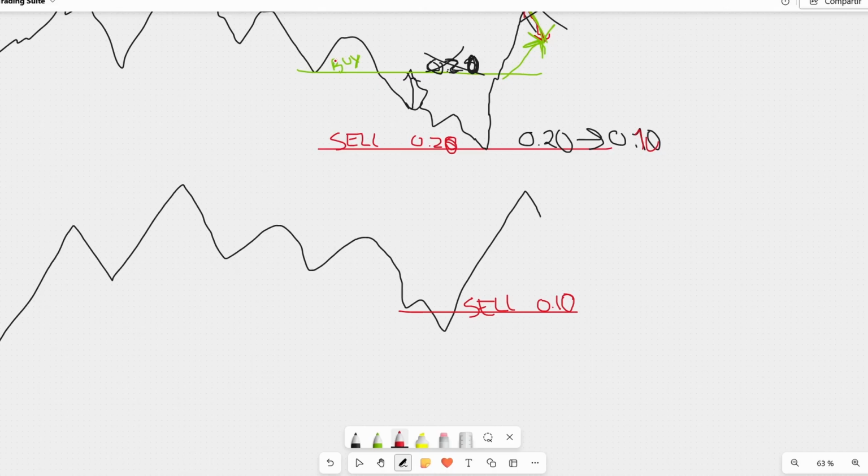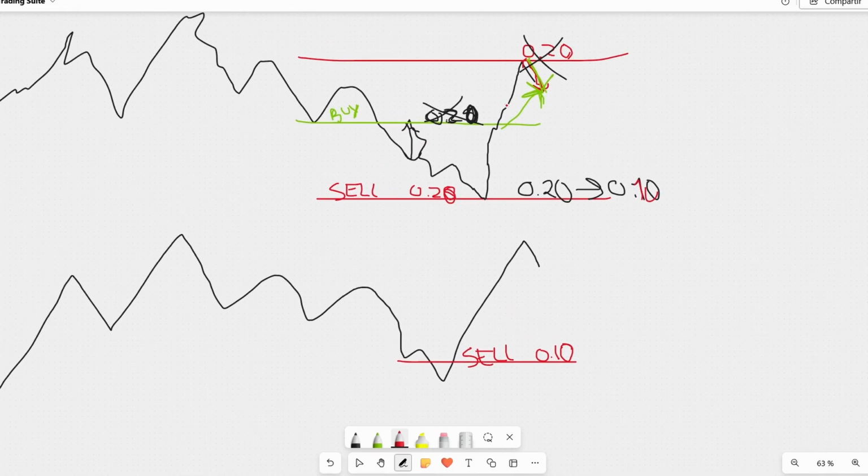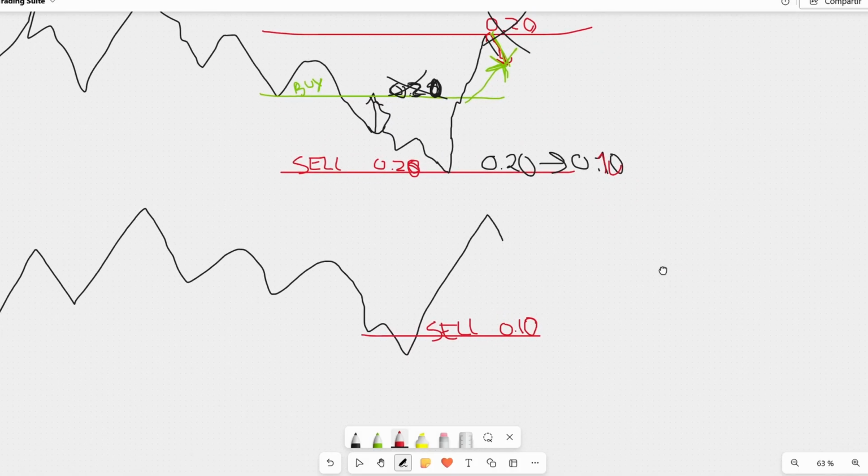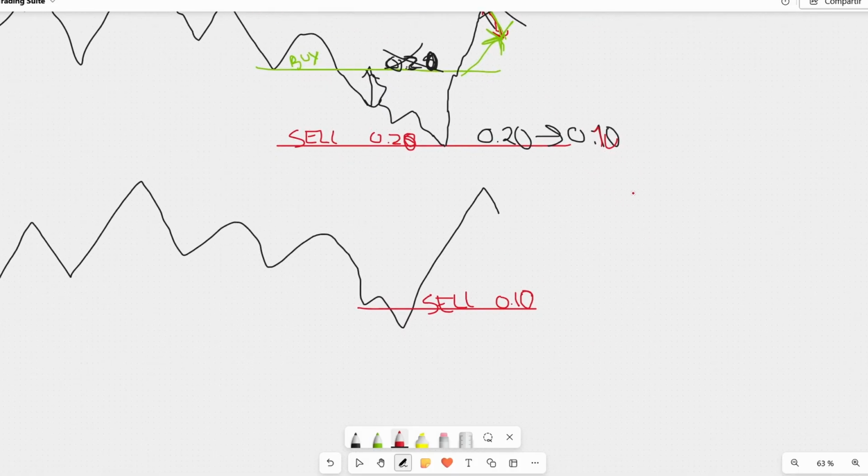If I simply close this buy with a stop loss, that's it. But now look how this happens to make this buy a profit trade, to close a losing trade. And if you continue doing this, of course, I just make it really slow for you to understand. This can be a lot quicker.